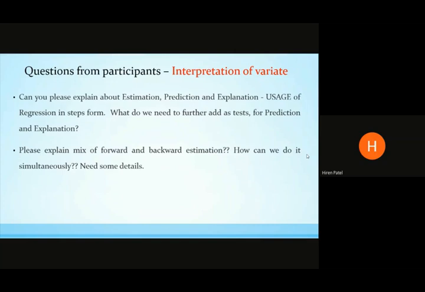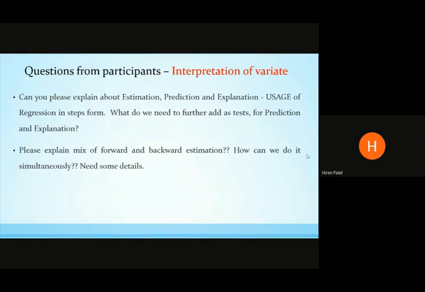And explanation. Explanation is the most powerful, wherein we try to explain why x1 has a positive relation with y, why x2 has a negative relation, if it happens. I'm just giving an example that x1 has a positive relationship, x2 has a negative relationship, then x3 and x4 have a positive relationship. So under explanation, we try to explain why x1, x3 and x4 have a positive association with y, and why x2 has a negative relationship with y.